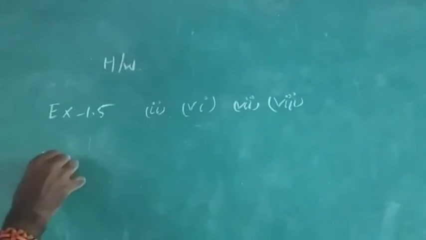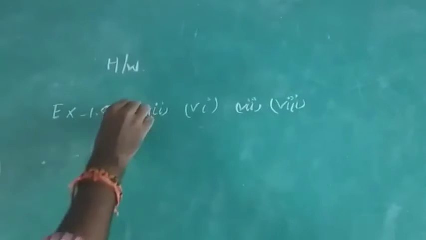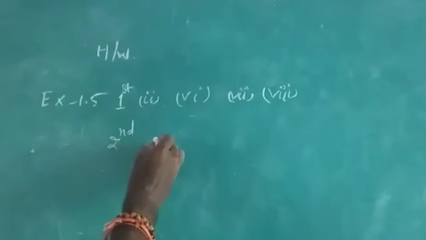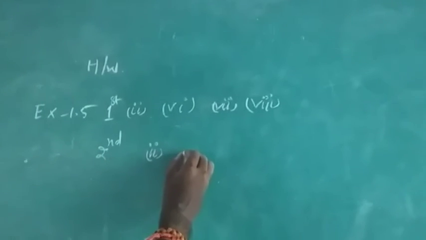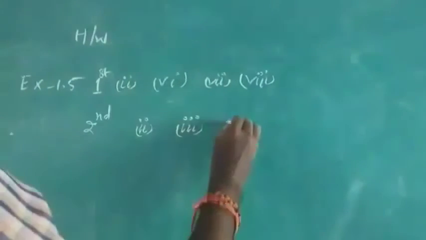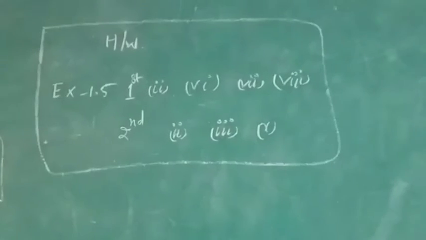In the exercise, this is the first bit. In the second bit, the second one and third one. And try to do the fifth one also. If you don't get it, I will explain. If you have any doubt, you can ask me in the Zoom class. Thank you very much, my dear students.